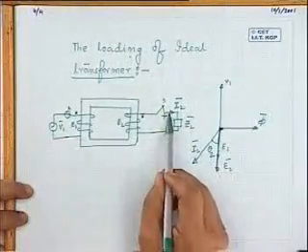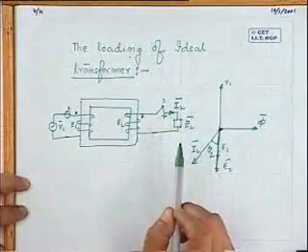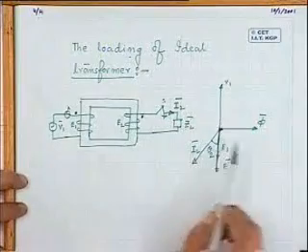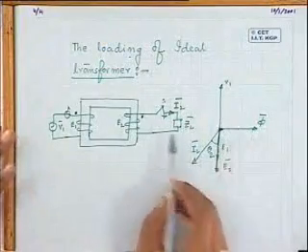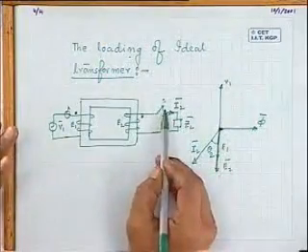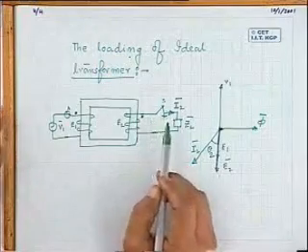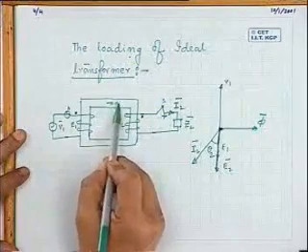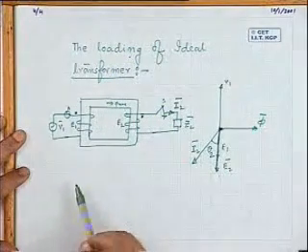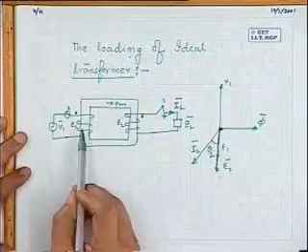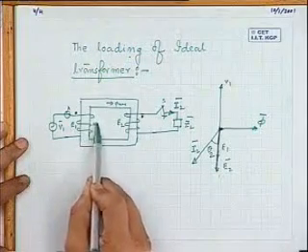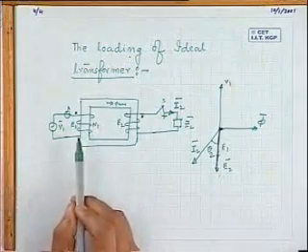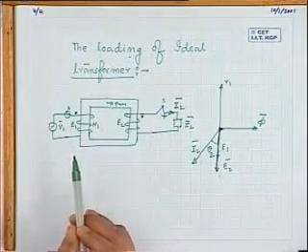But now what happens? This you should understand. The moment the transformer is loaded on the secondary side, so long as the flux developed prior to the closing of the switch, when the transformer was under no load condition, the flux developed in the core was solely decided by the MMF produced by the primary winding, this N1 into that vanishingly small current.